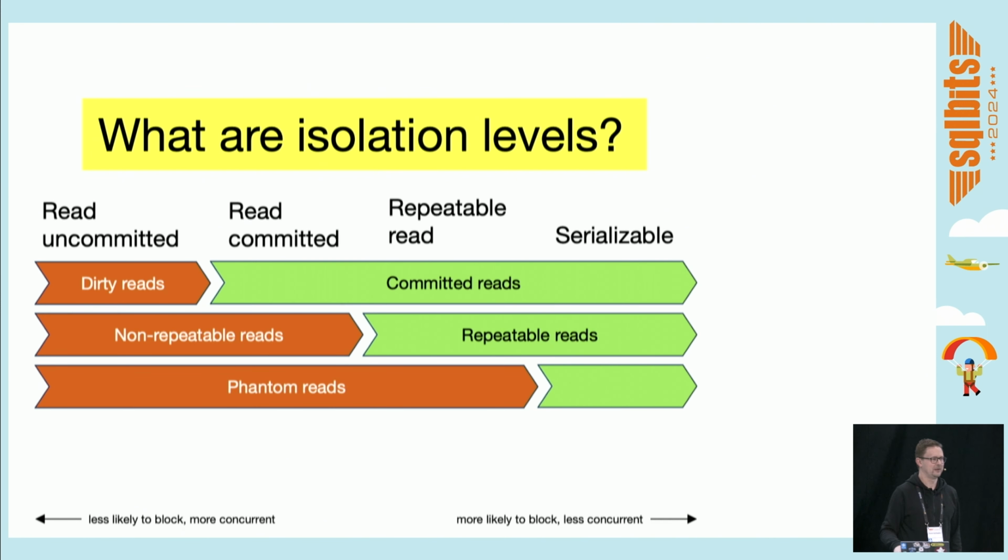Yes? The question was, the range lock is not actually a table lock, is it? Yes. So the range lock picks two keys in an index or a heap or whatever, and it locks everything between those keys. So basically, it's preventing you from inserting data between two keys, because you can't lock something that doesn't exist.